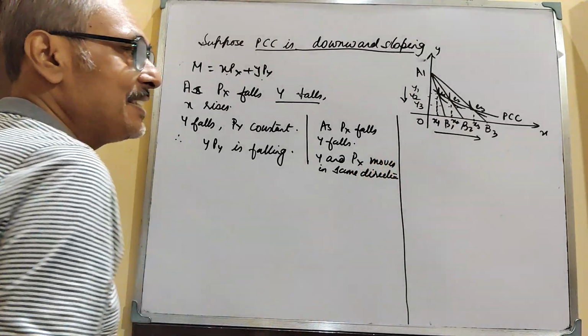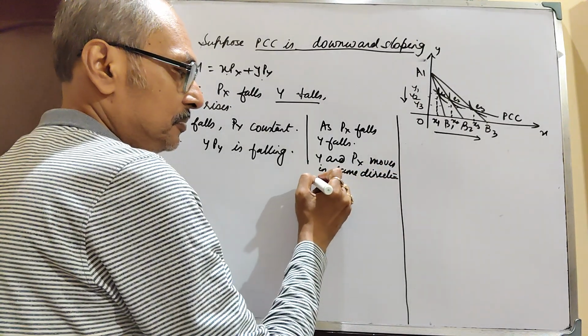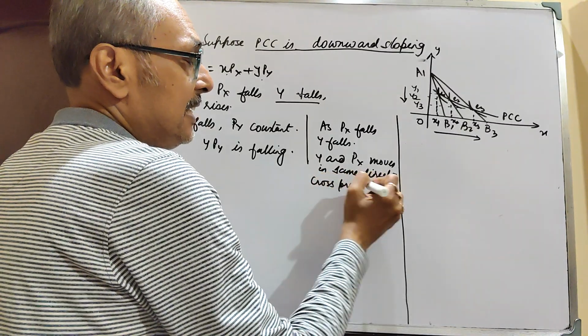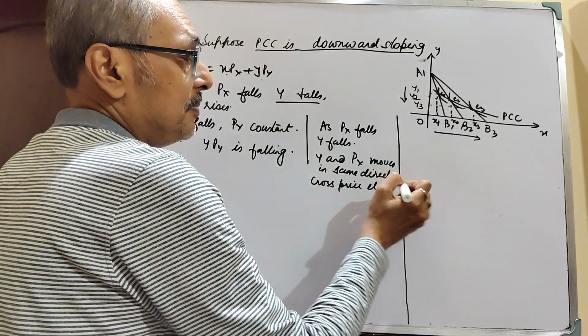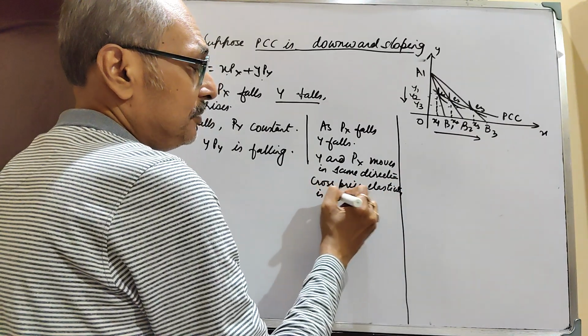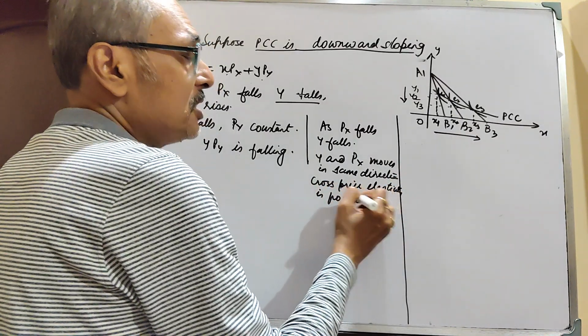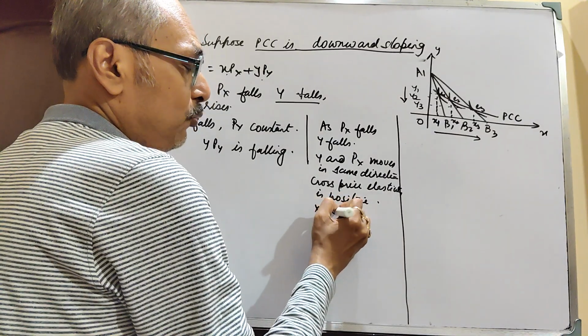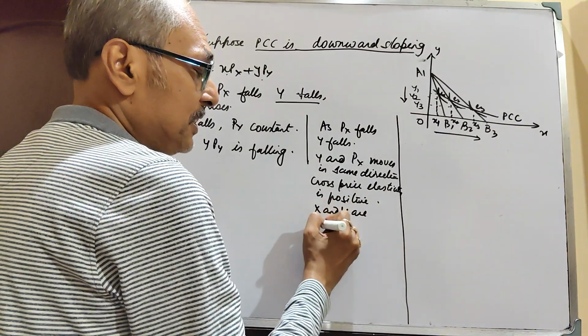That is, cross price elasticity is positive. X and y are substitute goods.